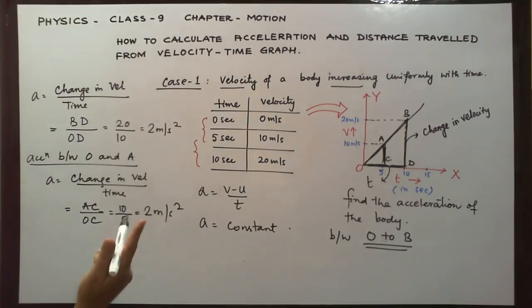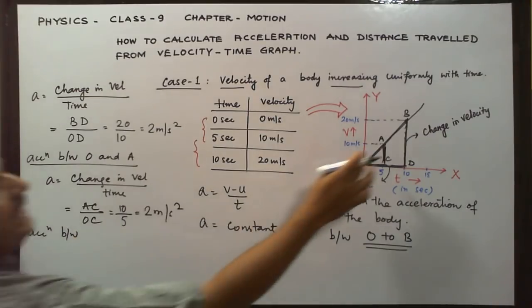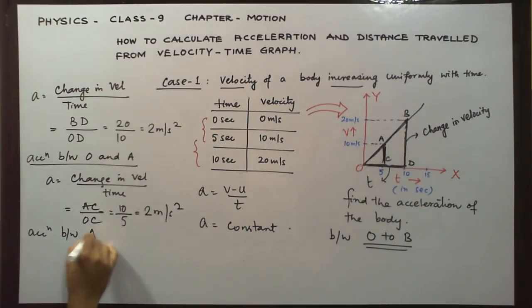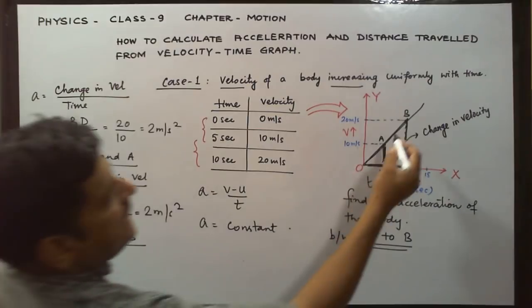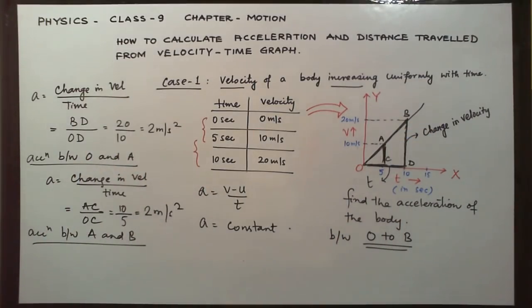Okay, now the same thing we can do. Let us find out acceleration between A to B. Now to find out the acceleration between A to B, we have to know the change in velocity, and we need to know the time.